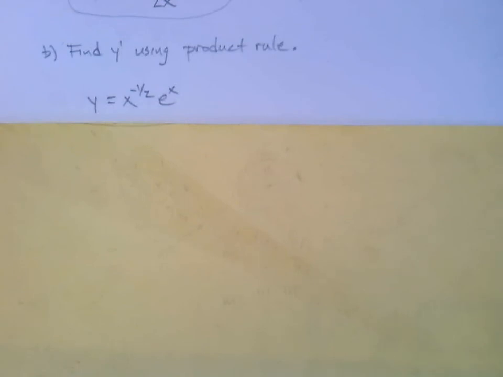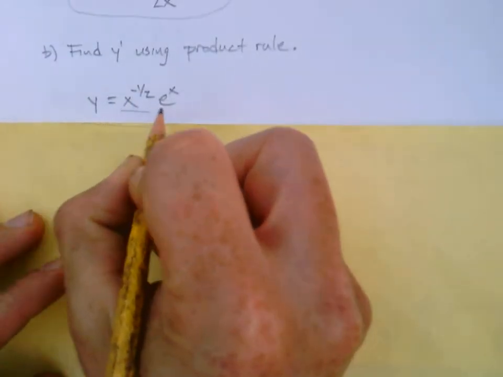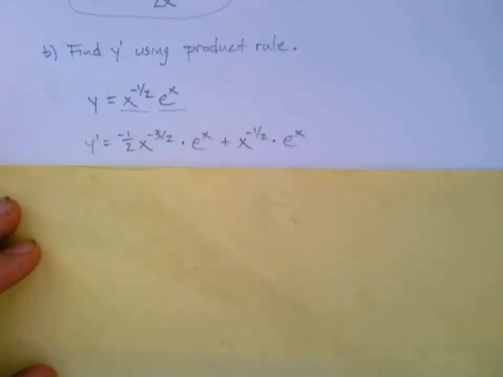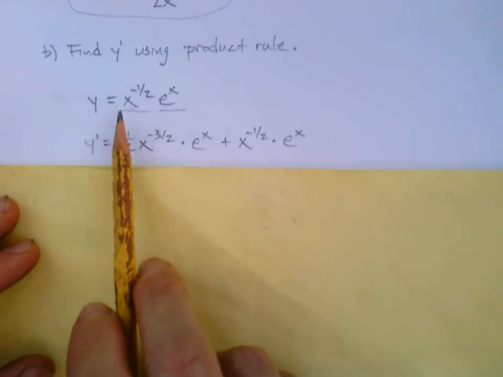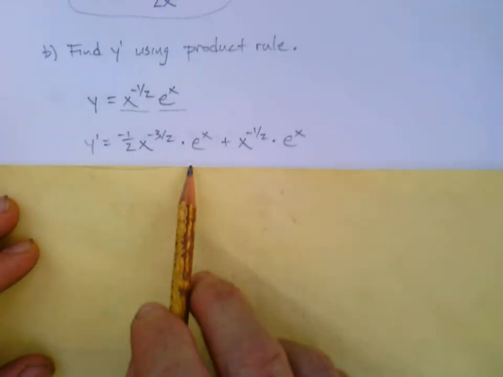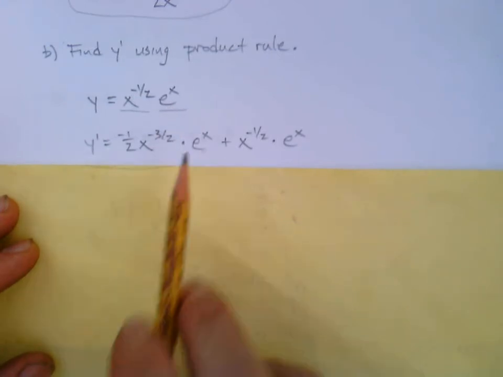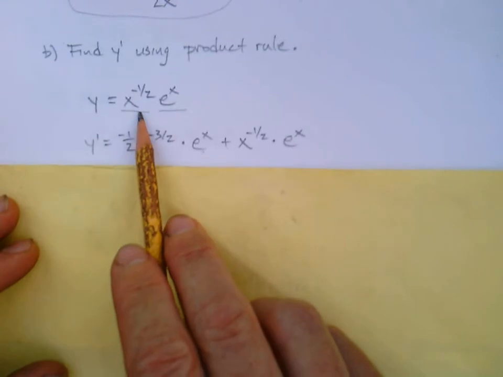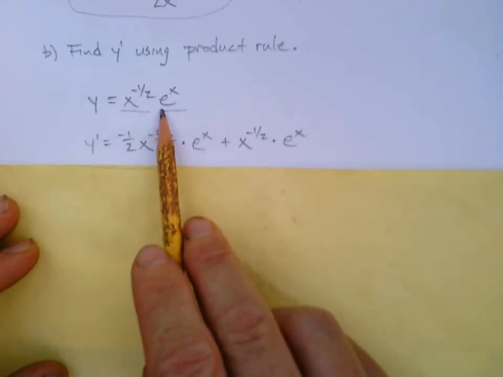Okay. Well, now I've got a product. First times second. So taking the derivative in this way, well, the first, negative 1/2 x to the negative 3/2 when you subtract, times the second left alone, e to the x, plus the first part left alone, times the derivative of the second part.